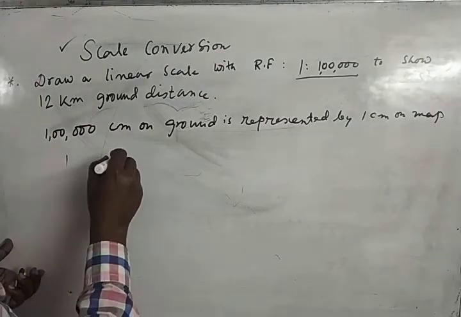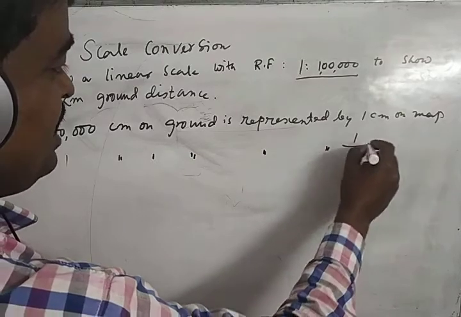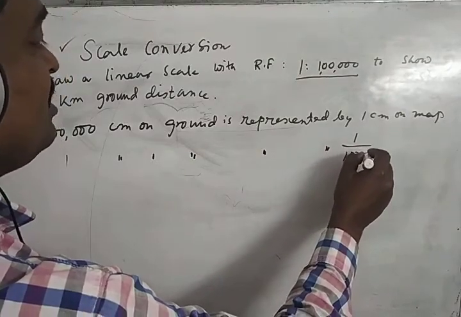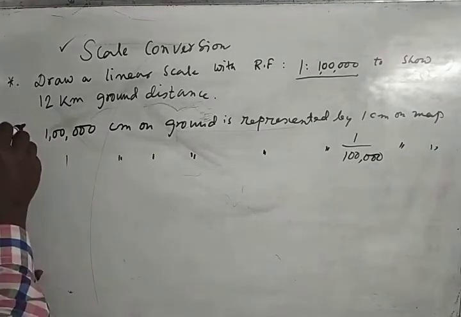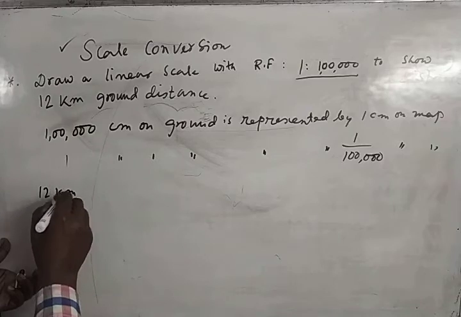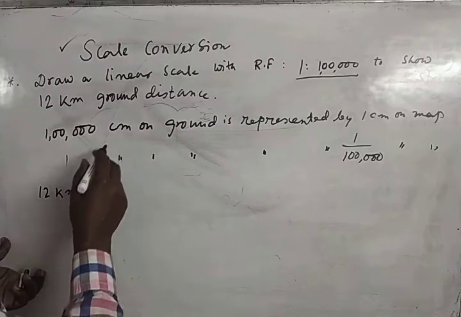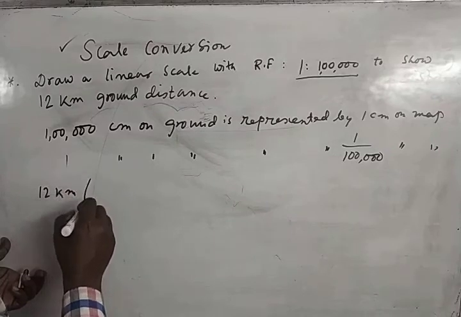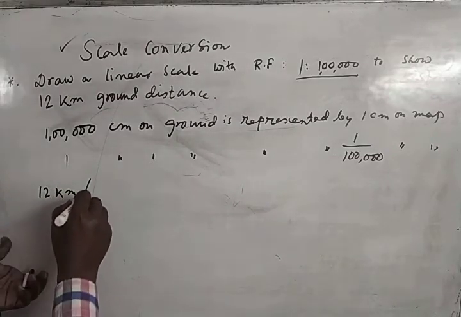Then 1 centimeter on ground is represented by 1 over 1 lakh centimeter on map. Then 12 kilometer. Here it is kilometer, not centimeter. So definitely we should convert that distance, 12 kilometer, to centimeter.